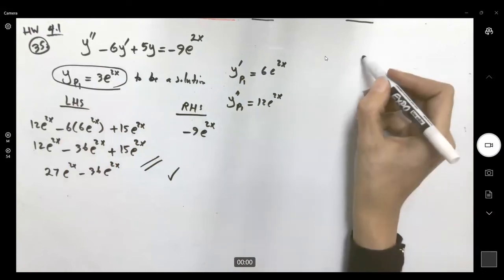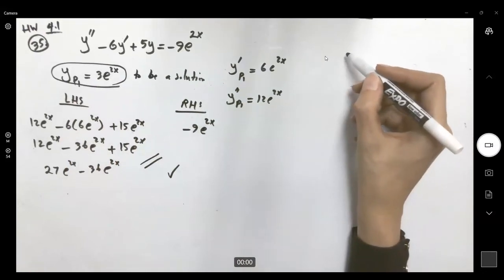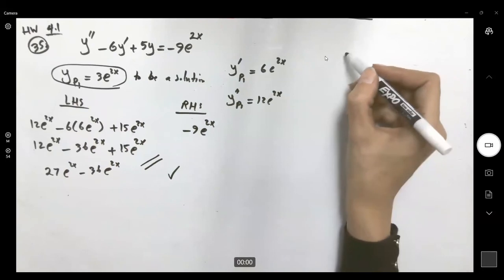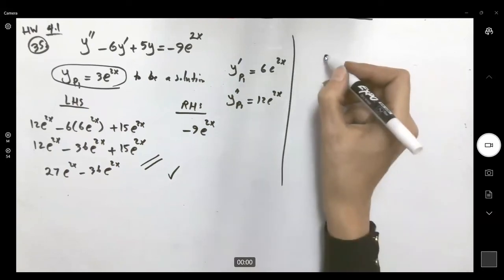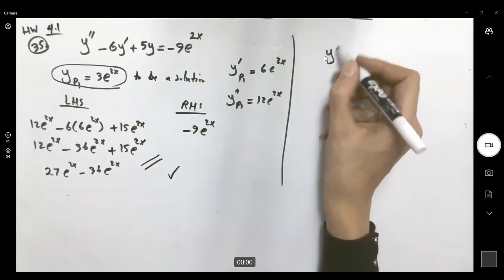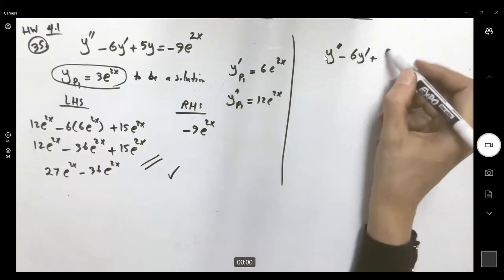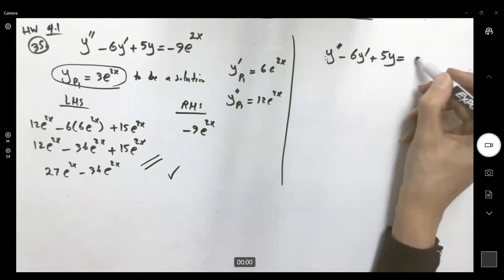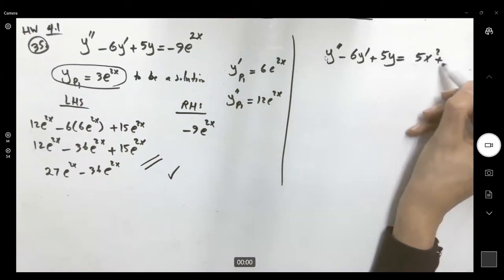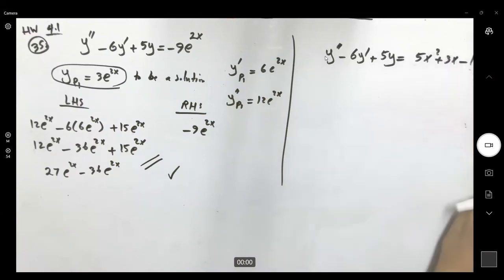The second differential equation that you have is written this way. It is the second derivative of y minus 6y prime plus 5y equals 5x squared plus 3x minus 16.